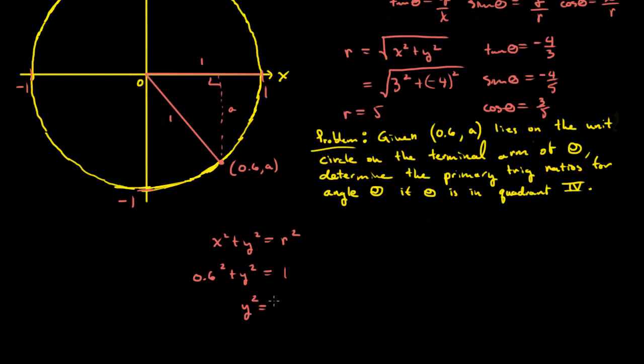I know that y squared is going to be equal to 1 squared minus 0.36, which is 0.64. So y squared is equal to 0.64. Now, as you probably remember, this equation has two roots, a positive and a negative root.